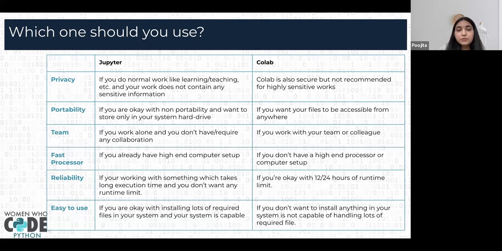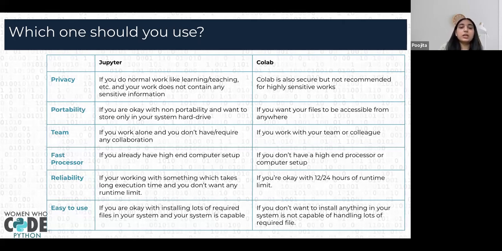In terms of team, if you're working alone and you don't require much collaboration, then you can use Jupyter. But if you are extensively working with partners, with fellow colleagues, then I think Colab will give you a better experience in terms of sharing your document, commenting on it, for code reviews and something like that.